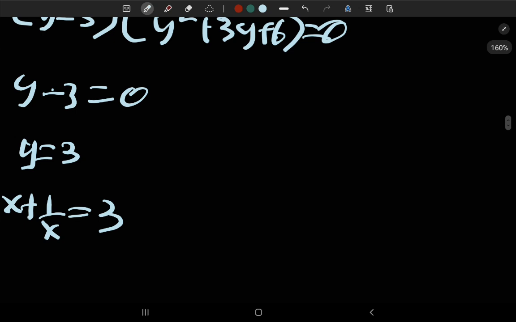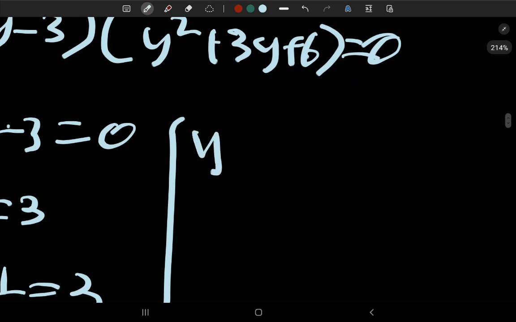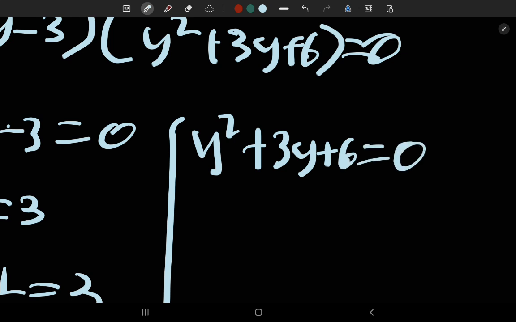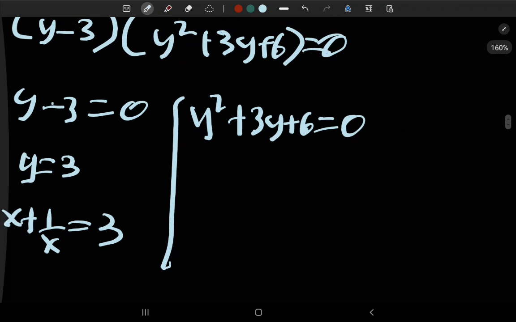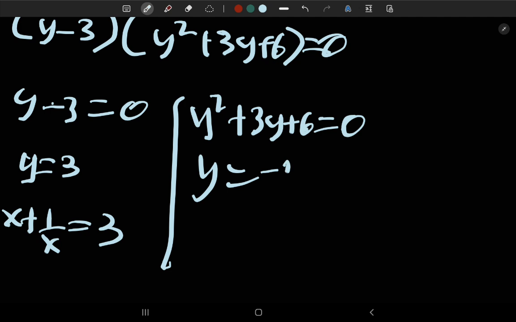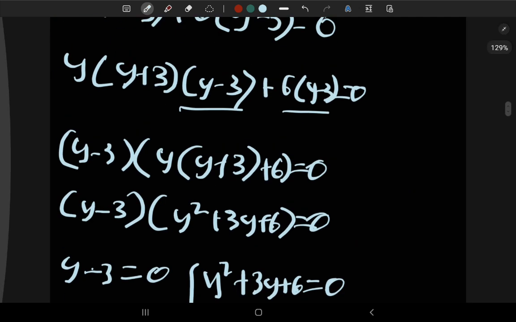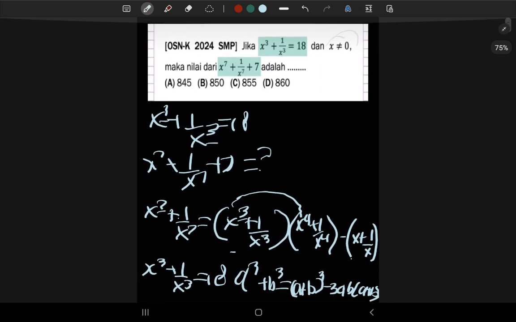On the other side, we get y squared plus 3y plus 6 is equal to 0. If we use the quadratic formula, y equals minus 3 plus or minus the root of 9 minus 4 times 6, over 2. But let's get back to the question.